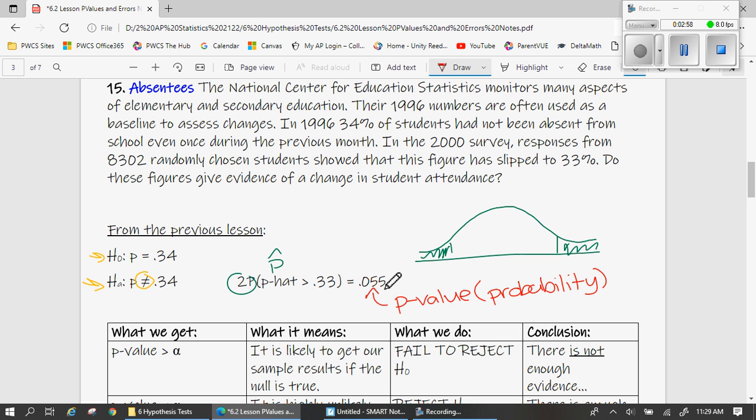And so now we need to decide, okay, does this give us evidence of a change? It seems pretty unlikely that we get a 33% proportion from our sample if 34% is the true proportion. And so what we need to do is compare to a significance level.